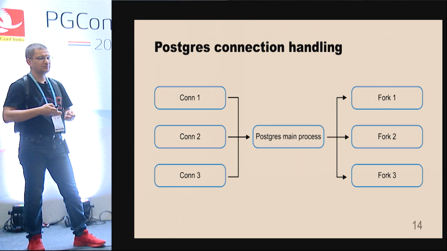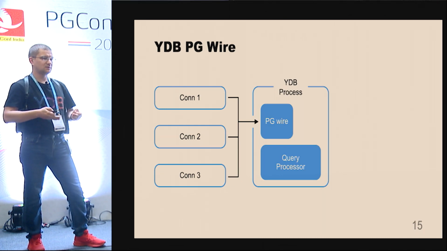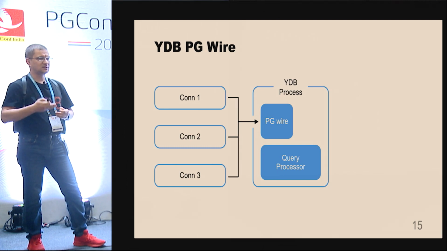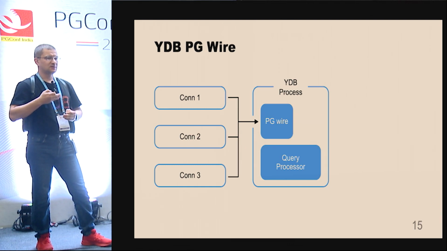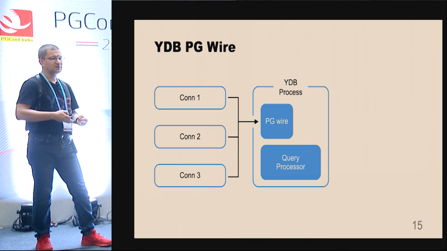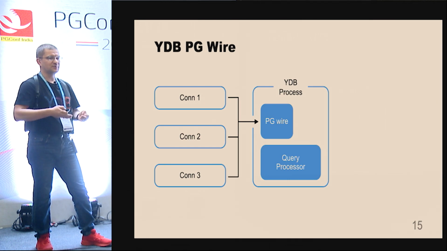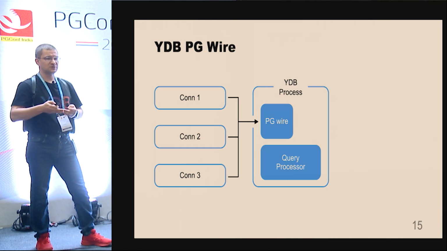We re-implement the Postgres protocol in our own code in an async way, and one YDB thread can handle very many Postgres connections, YDB connections, and some other load, processing queries in the same process with our own actor system.